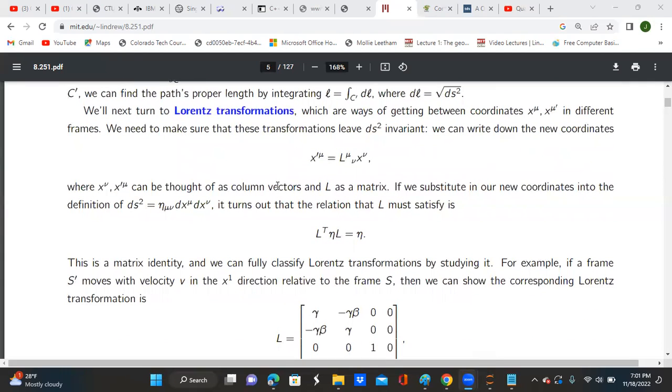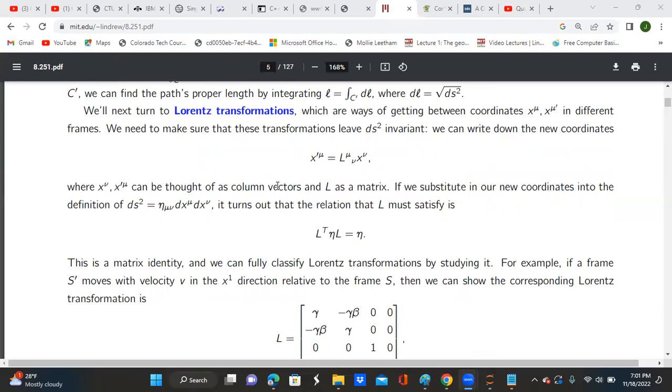Which are ways of getting between coordinates x^μ and x'^μ in different frames. We need to make sure that these transformations leave ds squared invariant. We can write down the new coordinates x'^μ equals Λ^μ_ν x^ν, where x^ν and x'^μ can be thought of as column vectors, and Λ is a matrix.